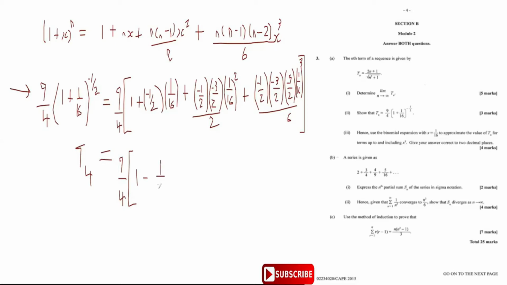This part is going to work out to be minus a half times minus 3 over 2 divided by 2 multiplied by 1 over 16 squared, that is 3 over 2048, plus 3 over 2048.